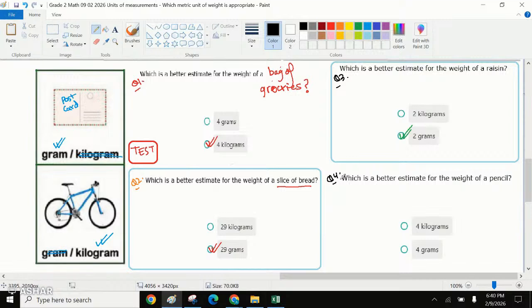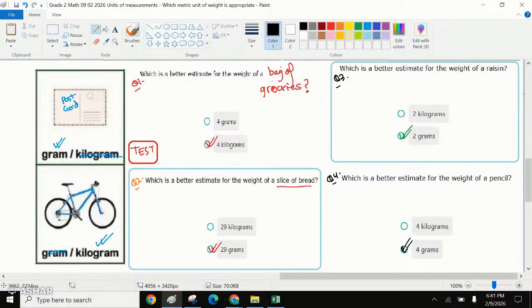Would a pencil be heavy like a watermelon? Because 4 kilogram is a very heavy weight, right? So we say it's just 4 grams.